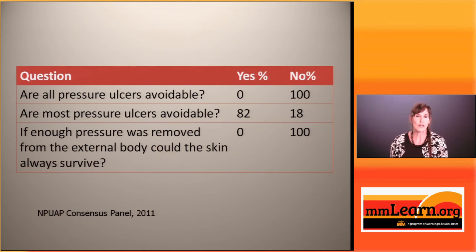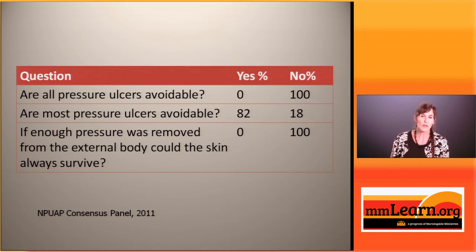Now, if it's a situation where the patient didn't receive the benefit of appropriate turning or repositioning, or the wound care wasn't done according to orders or on a consistent basis, or the patient perhaps was refusing care, or perhaps maybe the patient's family didn't agree with the plan of care, certainly some of those factors might come into play.